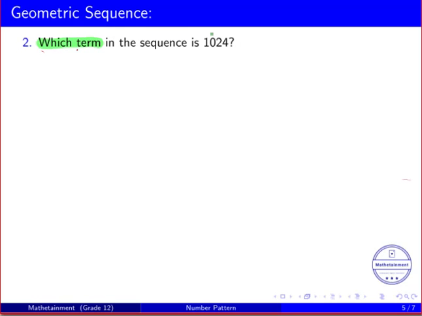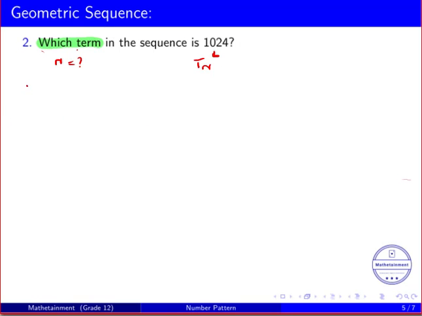Now I know that I need to know my value of n. This is the value, and that value is denoted by Tn. So here I'm required to find my n. So for me to find my n, I have to use my general term.